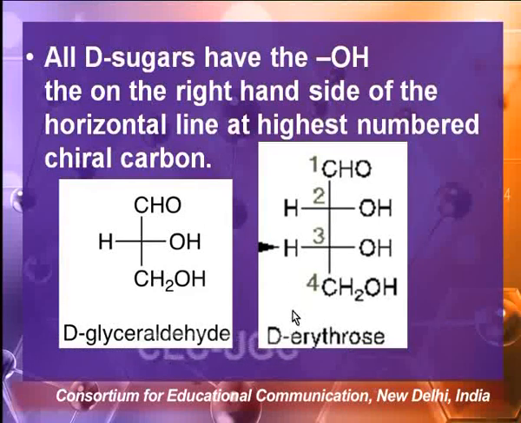So here I have taken the enantiomer of L-erythrose, that is D-erythrose, and here we've indicated, as you can see with this arrow, that this OH here is on the right hand side. So D-erythrose will belong to the D series and L-erythrose will belong to the L series.